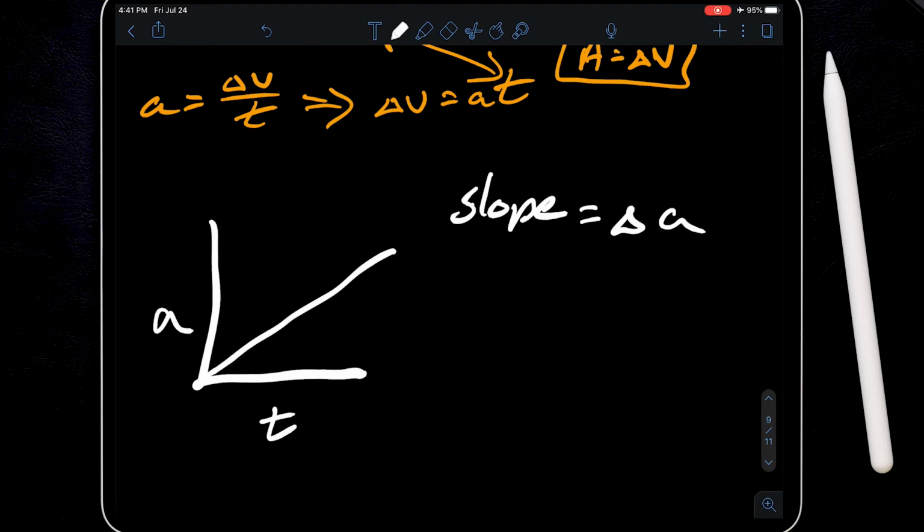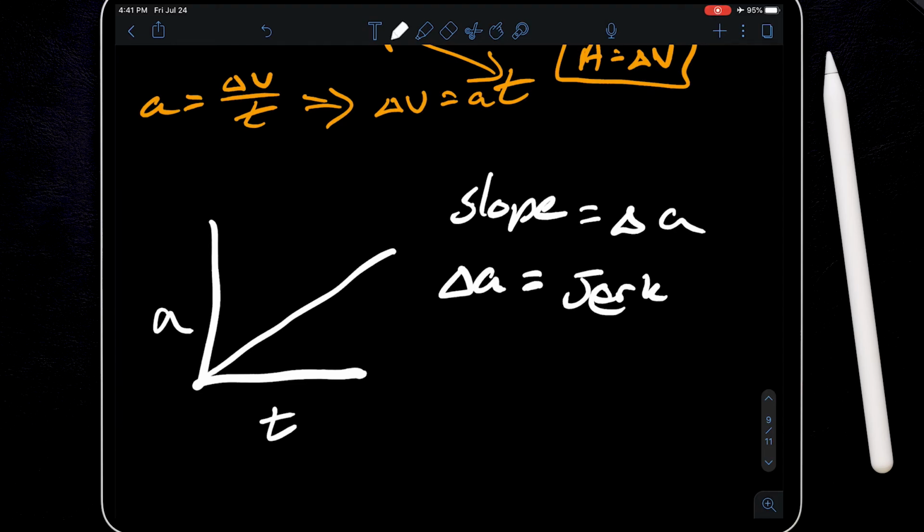So what do we call the change in acceleration? Well, to be honest with you, we never ever use this in physics, but because you asked, the change in acceleration is called a jerk. Sort of like if you feel a jerk or a jolt or something like that.